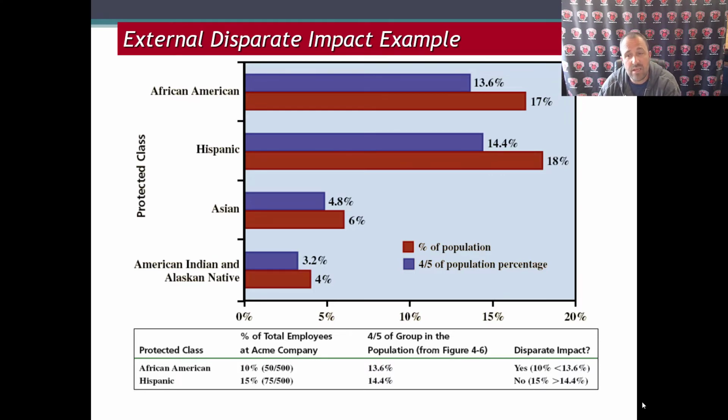The availability is 17%. The cutoff rate is 13.6%. So we go, yes, it looks like you are not hiring African Americans in a way that is congruent with your labor market. Hispanic is very close, and I'd be watching it and tracking it, but no statistical evidence for adverse impact.